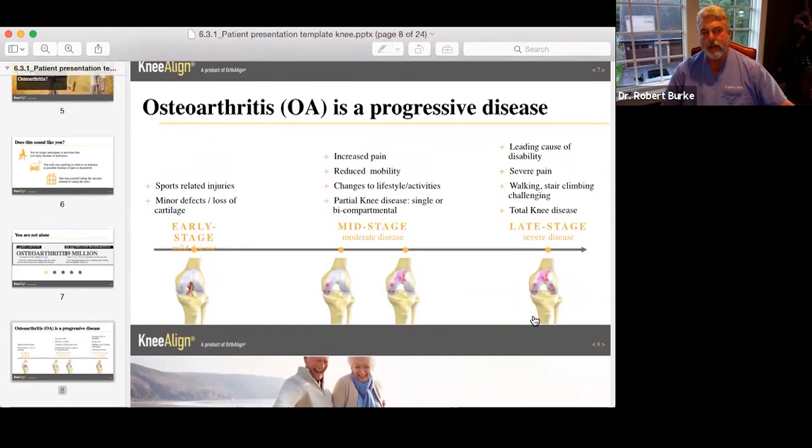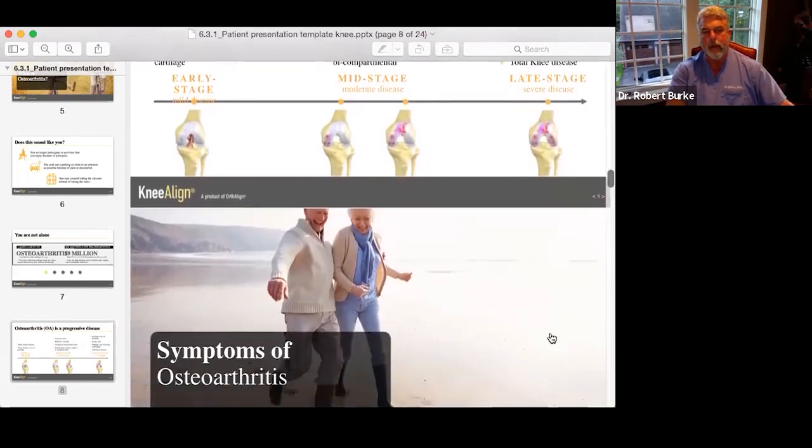And then as time goes on, the arthritis can progress to more focal full thickness loss of articular cartilage, which can result in more stiffness, swelling, deformities such as bowing of the extremity, either knock-kneed or bow-legged, and then it can finally develop into end-stage arthritis, which is basically one having debilitating pain on a fairly daily basis, along with pain at rest and inability to do simple tasks such as going up and down stairs or walking for a long period of time.